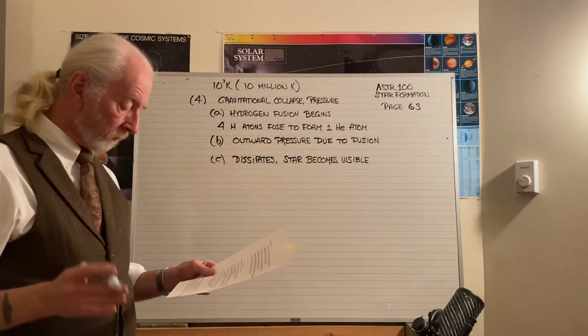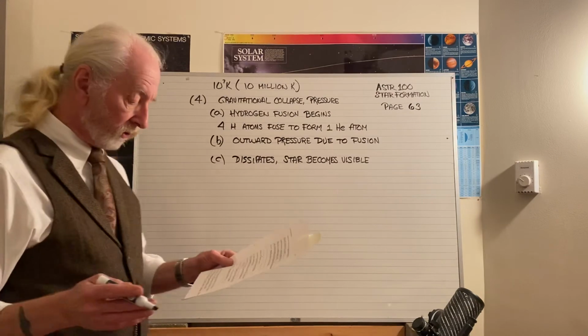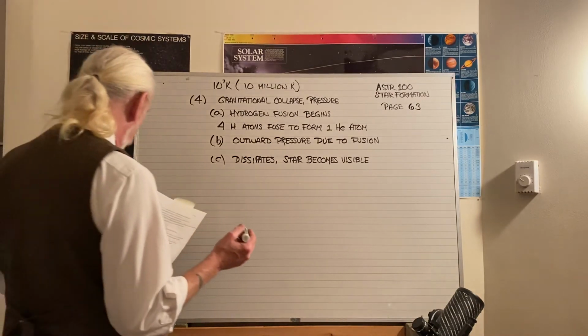Overall, the more massive the pre-main sequence star, the sooner the fusion process begins, which would kind of make sense.